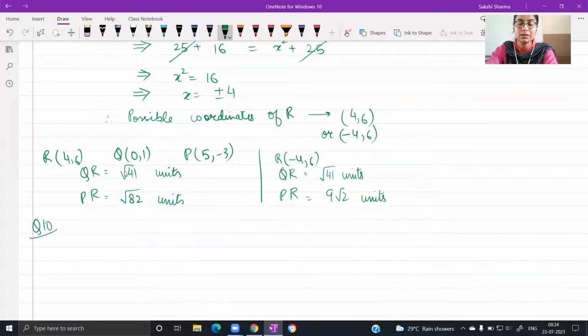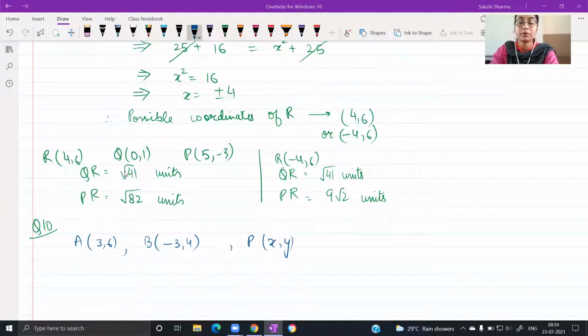Question number 10. We are given the points A as 3, 6, let B be -3, 4, and the point X, Y as P. According to the question, AP equals BP.